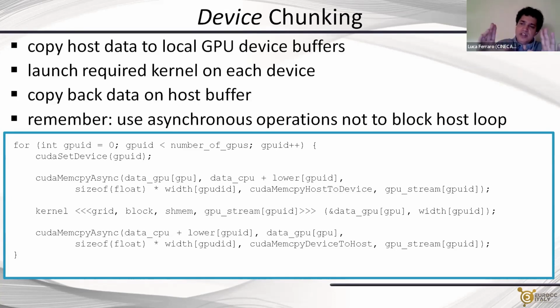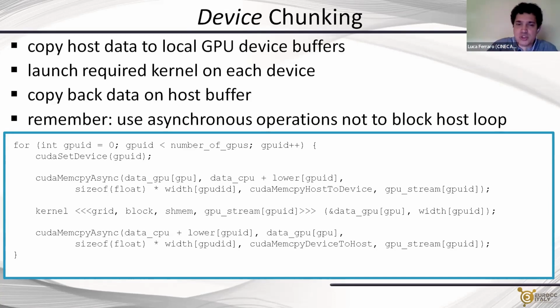Okay, so when you subdivide this domain into subdomains assigned to different GPUs, you have halo borders that should be exchanged and updated between neighbors in order to have an updated solution of the cells that you are going to update. Okay, so you have to communicate this data that in principle resides on different devices.